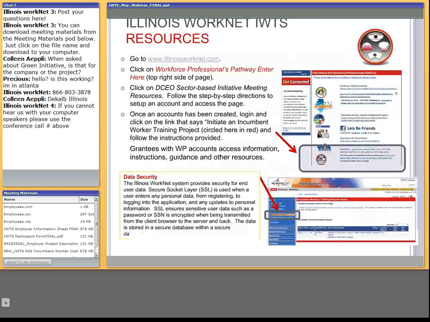What I wanted to mention here is to really reinforce, when talking to your participants and your employers, that workNet, the portal, is very secure. We have a secured socket layer, so your social security numbers and private information are all encrypted and safe on the portal.